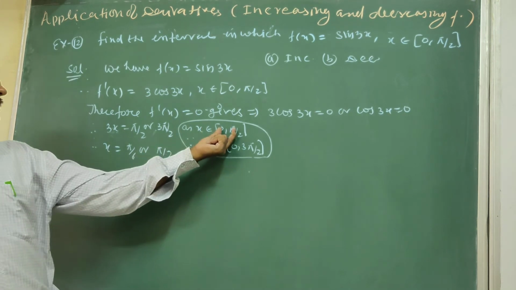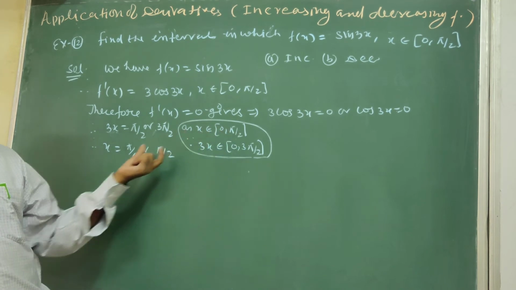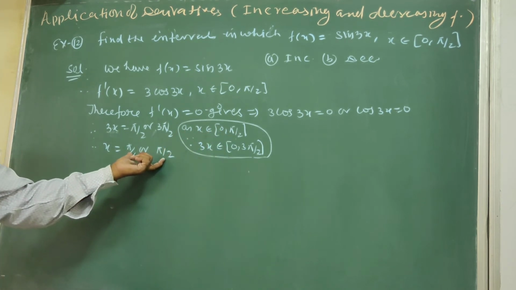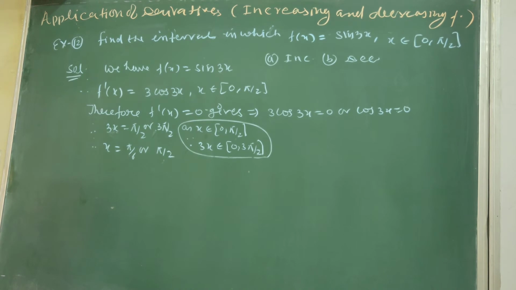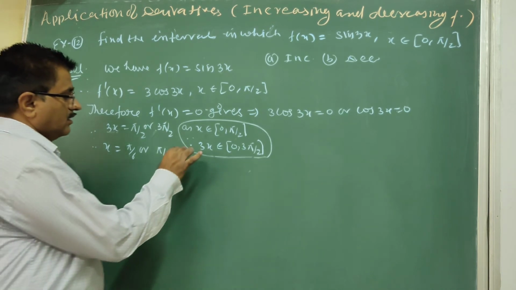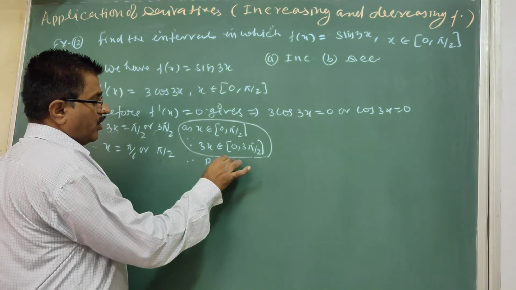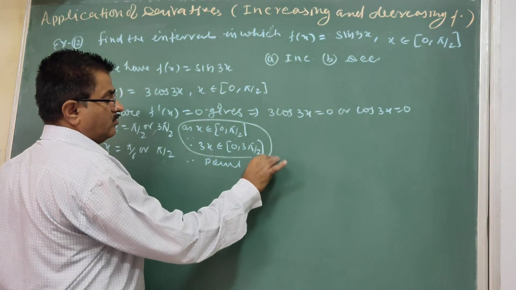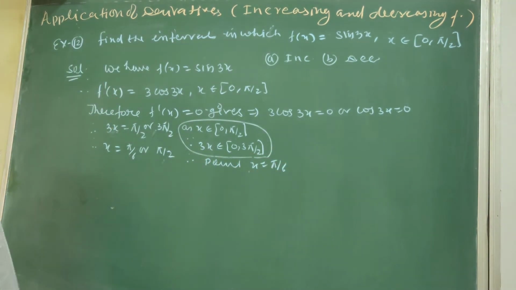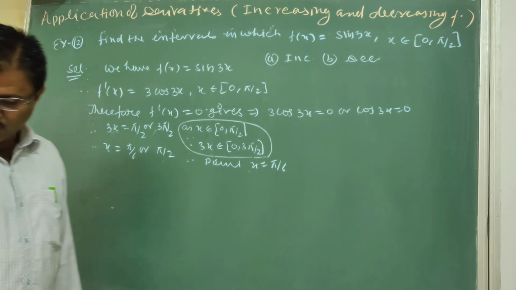Our interval is 0 to pi by 2. We have 2 points that are the critical points which divide it. So you can say the points x equal to pi by 6 and pi by 2.